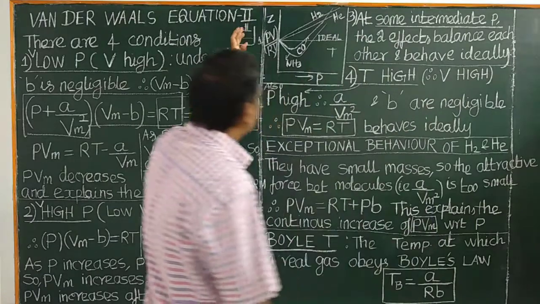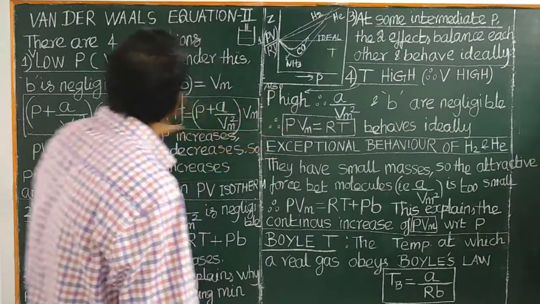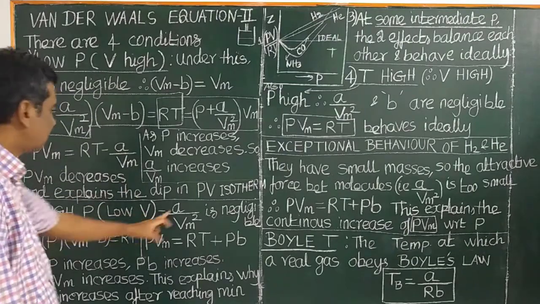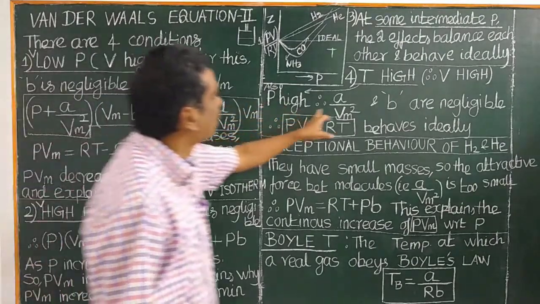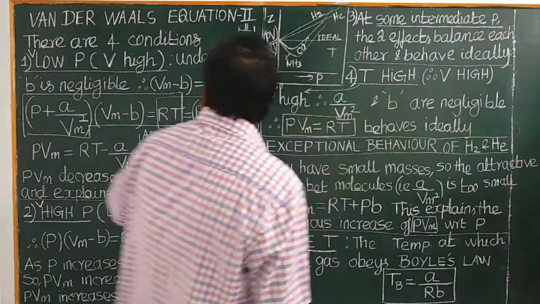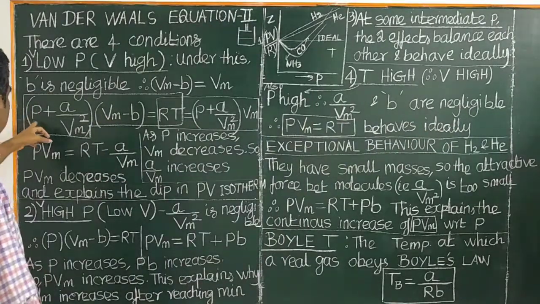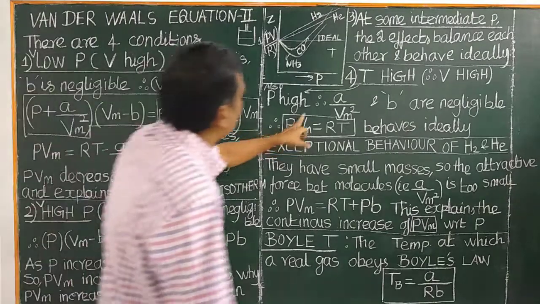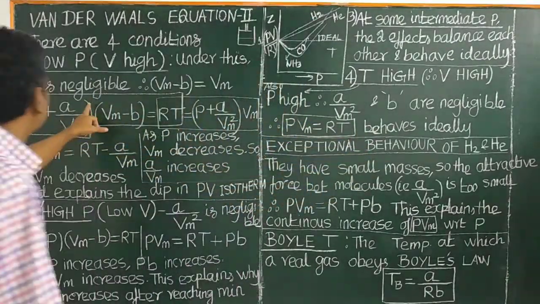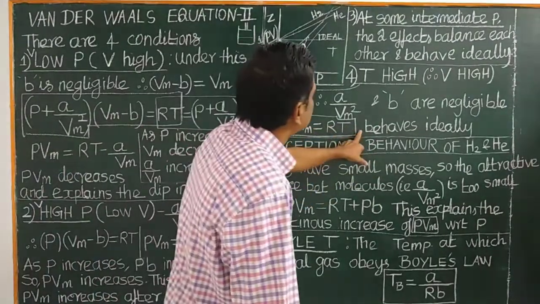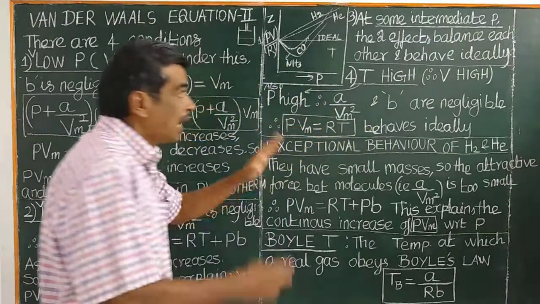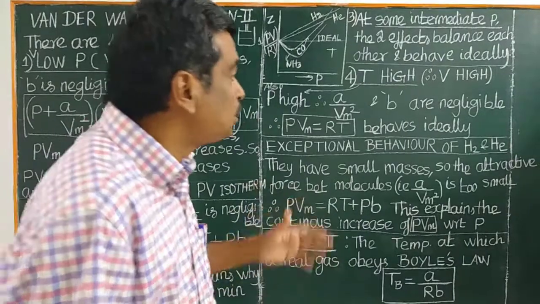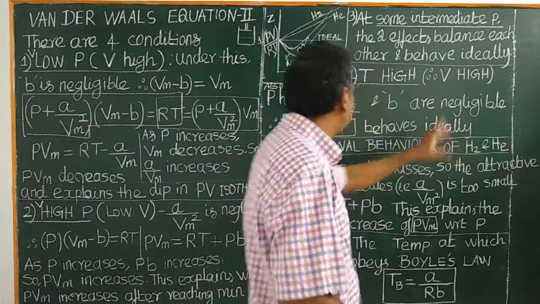Therefore, volume is also very high, pressure also high, volume also high. Therefore, these two terms are negligible. Therefore, the van der Waals gas equation reduces to the ideal gas equation. Therefore, at high temperature, all the real gases tend to become ideal.